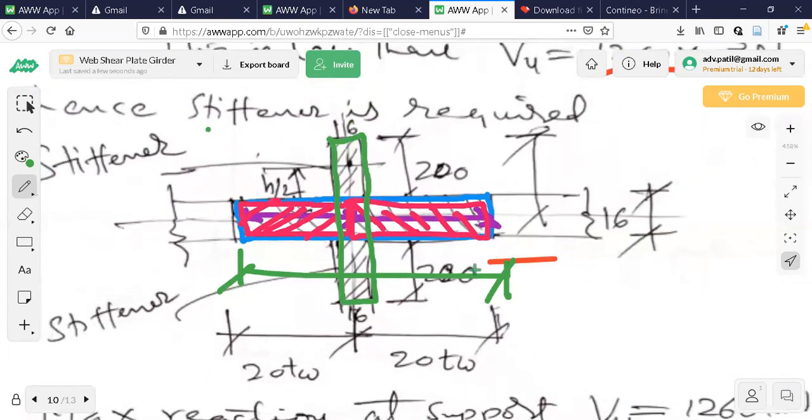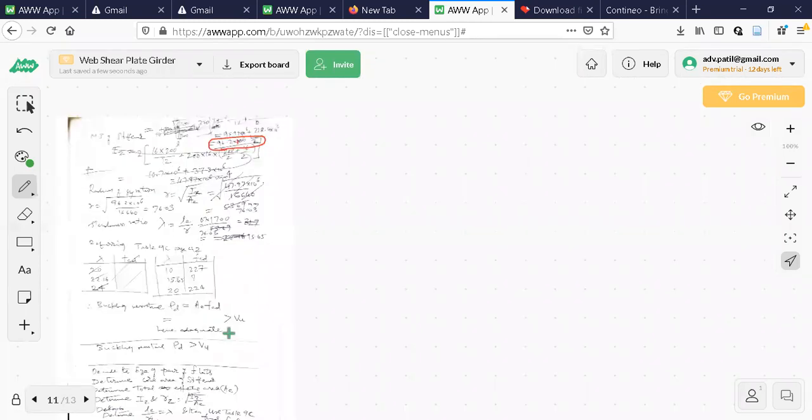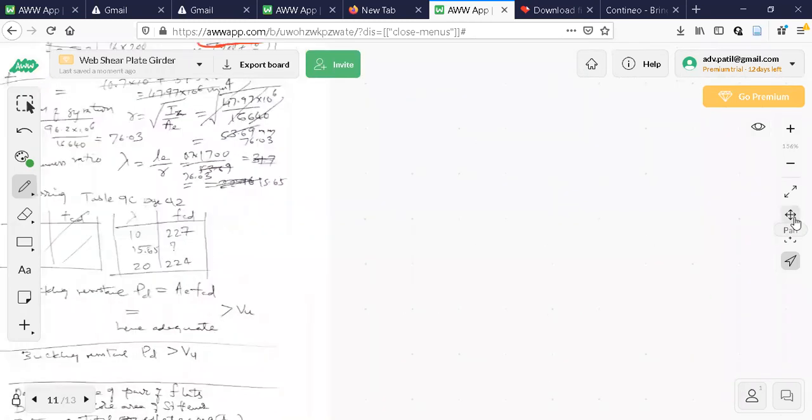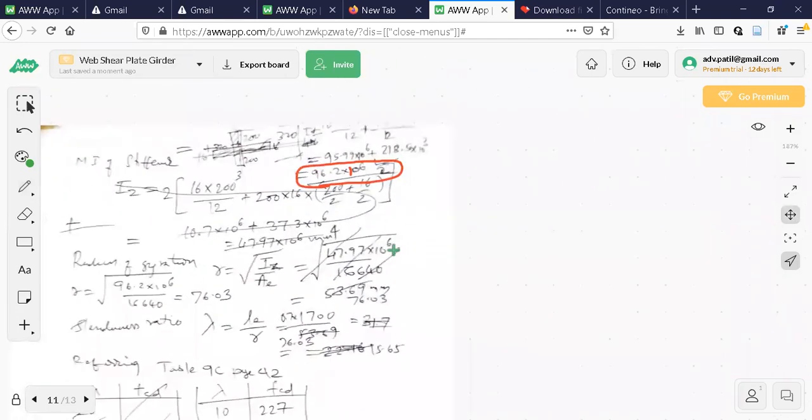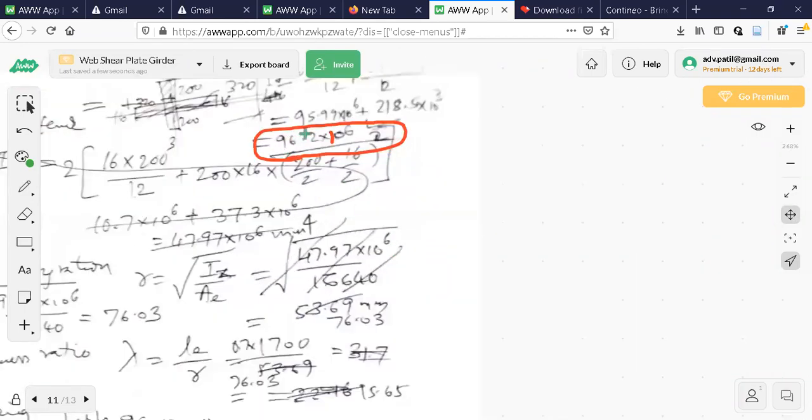Two terms are there. So once you calculate these, when you add this moment of inertia of two rectangles, you end up with 96.2 into 10 raised to 6 mm raised to 4.